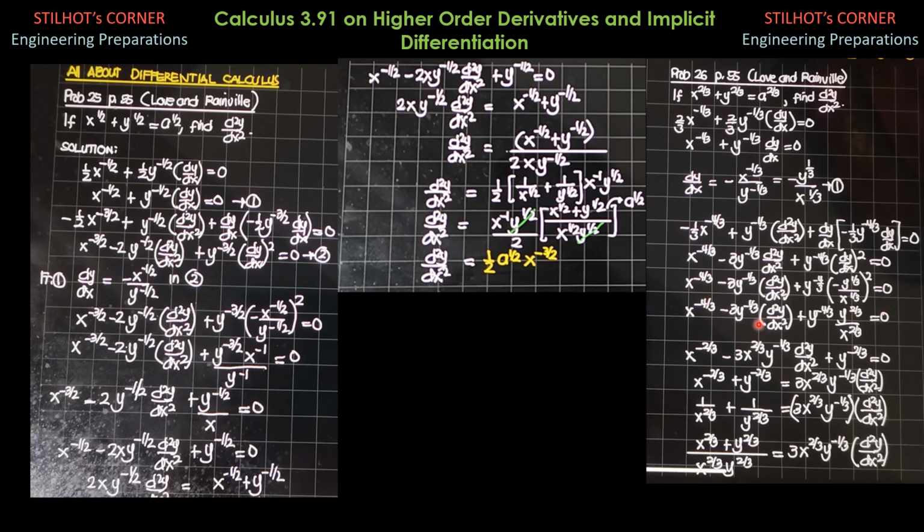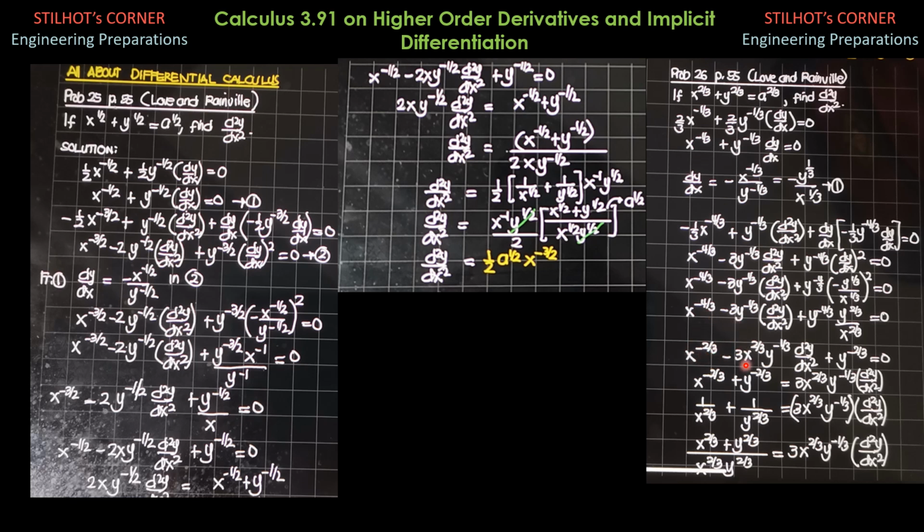So we copy the first two terms, then this is y to the negative 4/3. Negative 1 squared is positive 1, so that's why the sign is positive. Then y to the 1/3 squared is y to the 2/3, divided by x to the 1/3 squared, so x to the 2/3. Multiply everything by x to the 2/3, so x to the negative 4/3 times x to the 2/3 is x to the negative 2/3.